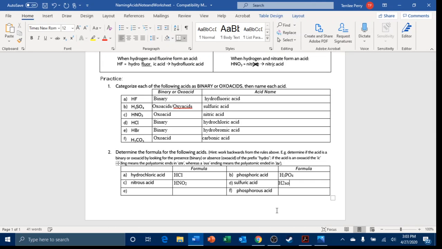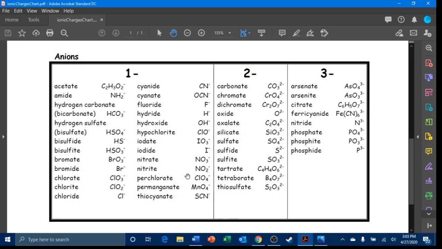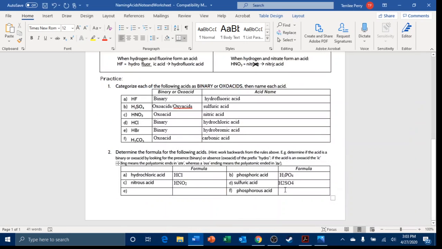And then SO4. Was that right? Sulfate is SO4, yes. Okay, so it's going to be H2SO4. There you go.